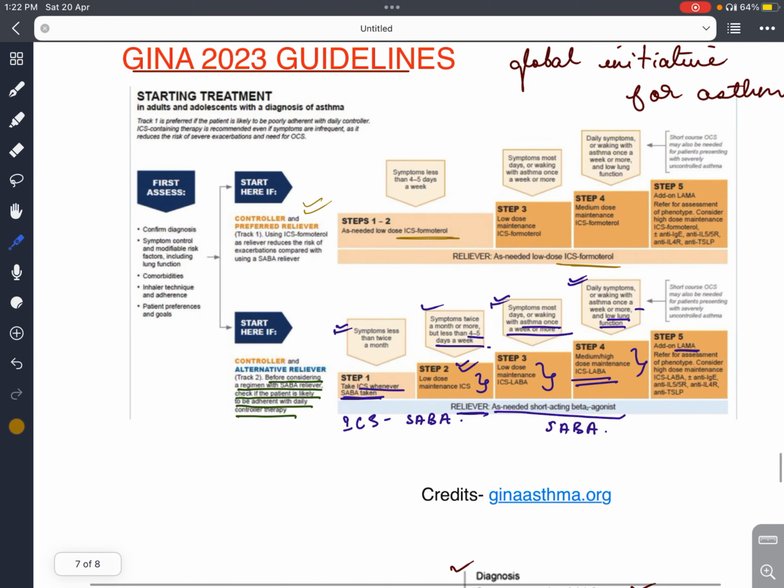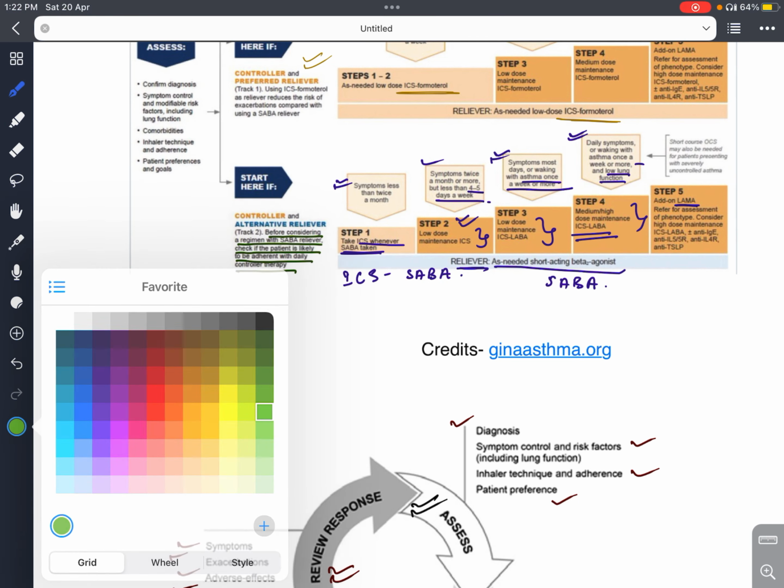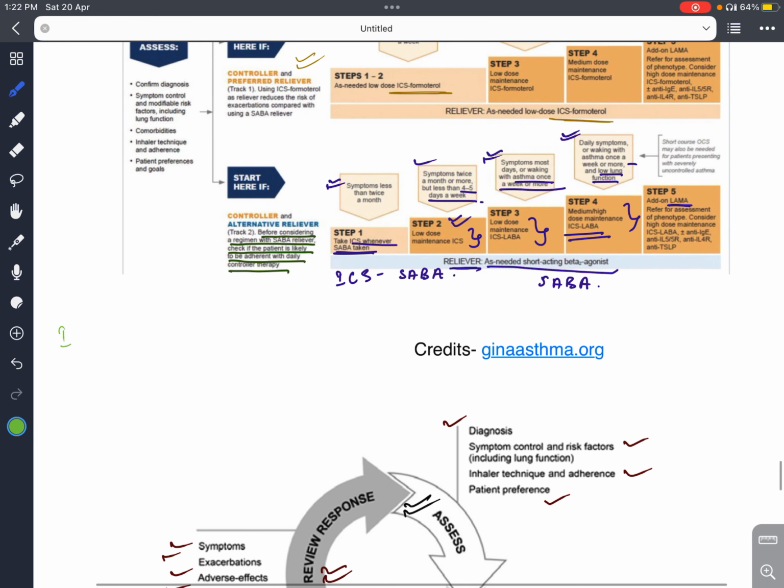So why did we prefer ICS formoterol in track one over SABA? Why was this preferred more? I'll tell you now.